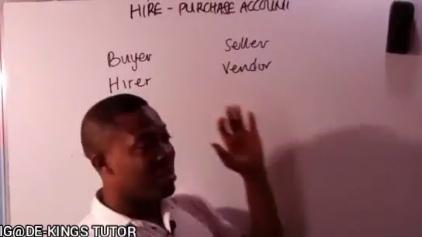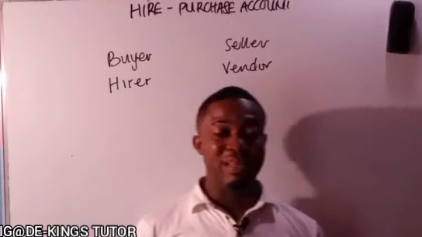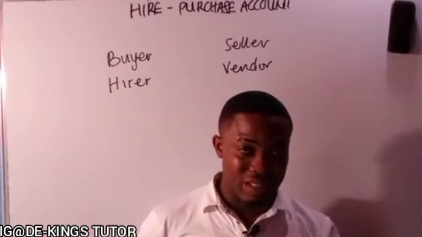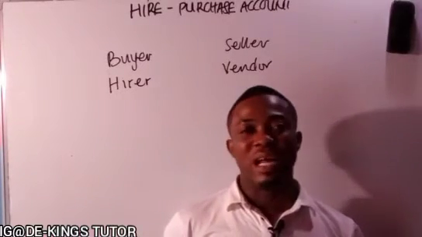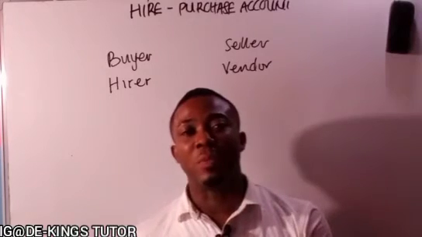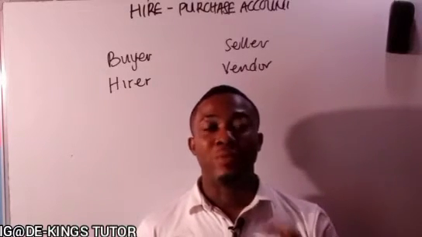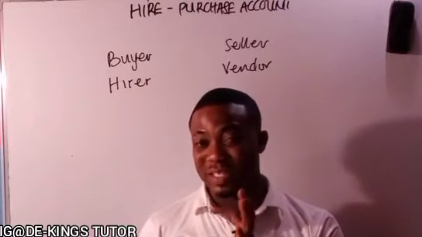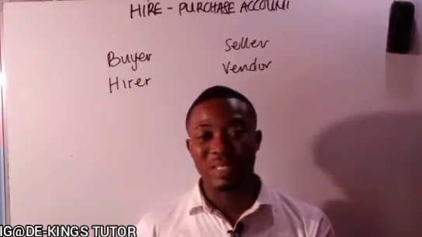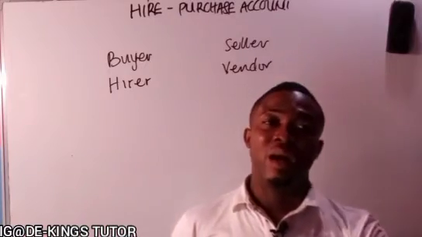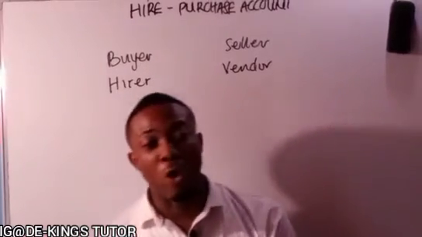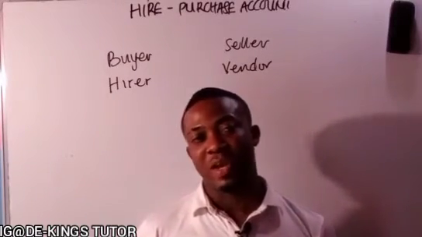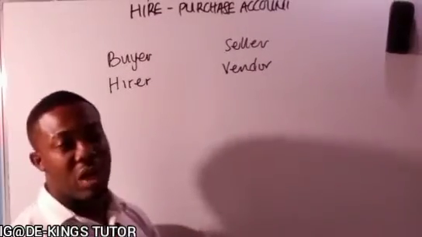But for hire purchase, the full amount is not paid immediately. The hirer just makes a deposit to show that he has an interest, then subsequent installment payments are made. So possession of the goods moves from the seller to the buyer, but ownership is still retained by the seller, because the buyer has not yet paid the full amount of that asset. So that is what the hire purchase contract is.